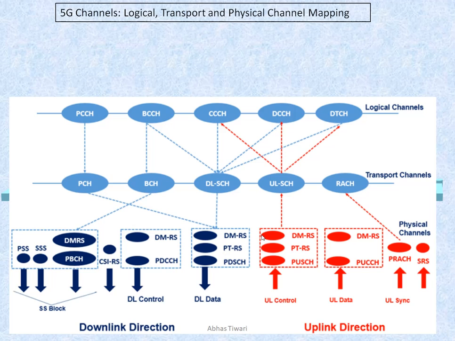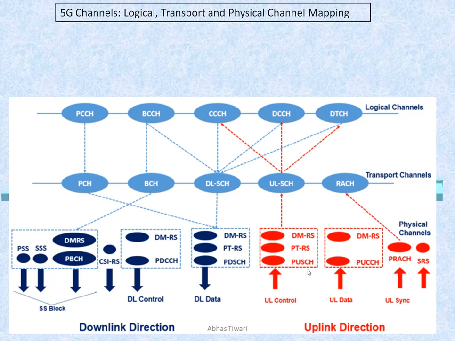Now we are coming to the logical, transport and physical channel mapping. As we all know, logical channels are from RLC to MAC layer, MAC to physical layer are called transport channels, and these are called physical layer channels. The uplink and downlink direction channels are almost the same as used in 4G, so I don't think there is any need to explain.